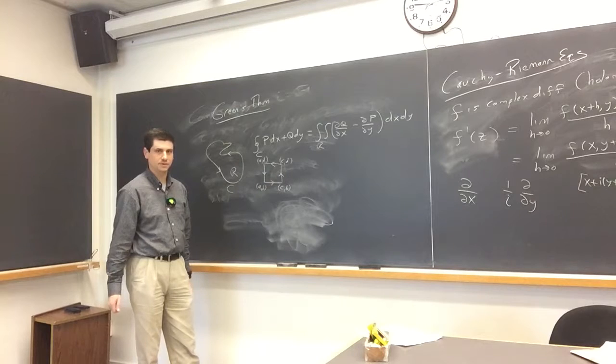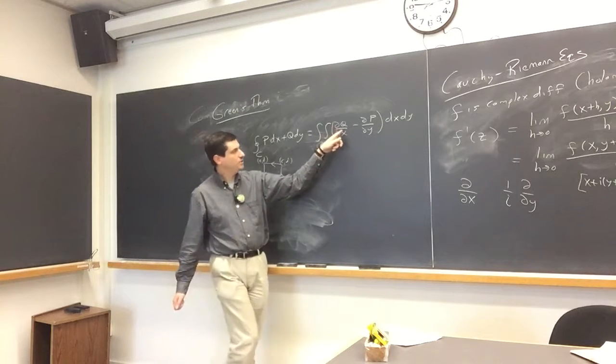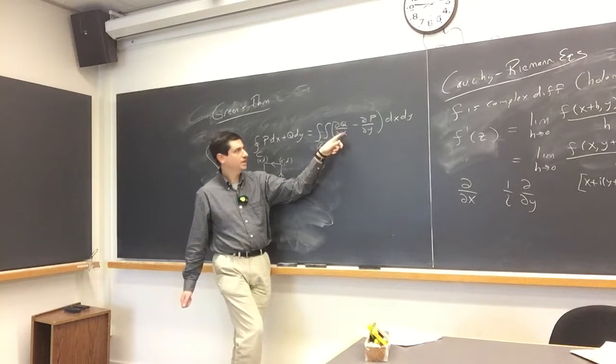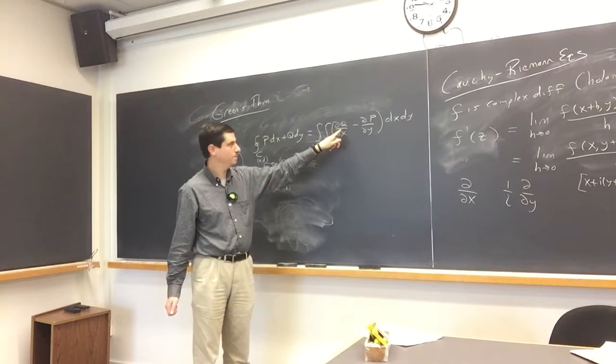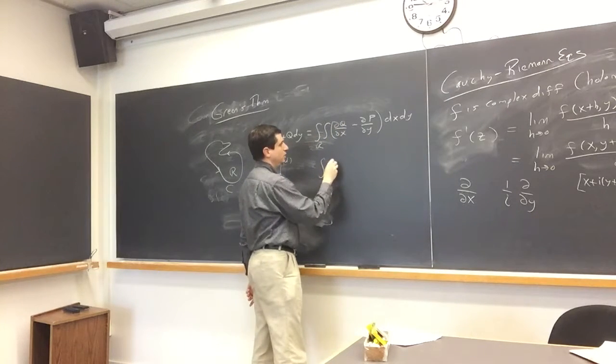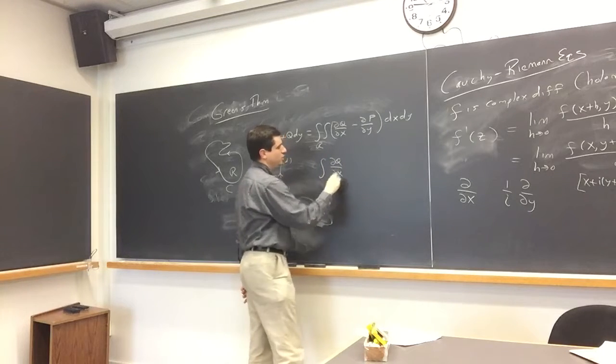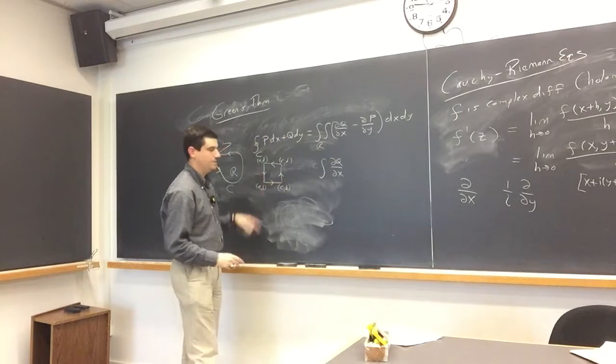Okay? Now over here, I've got a dQ/dx. I want to integrate this first with respect to x or first with respect to y? X. So if I integrate this with respect to x, I'm going to get just Q. So what I'm going to do is fix a value of y.